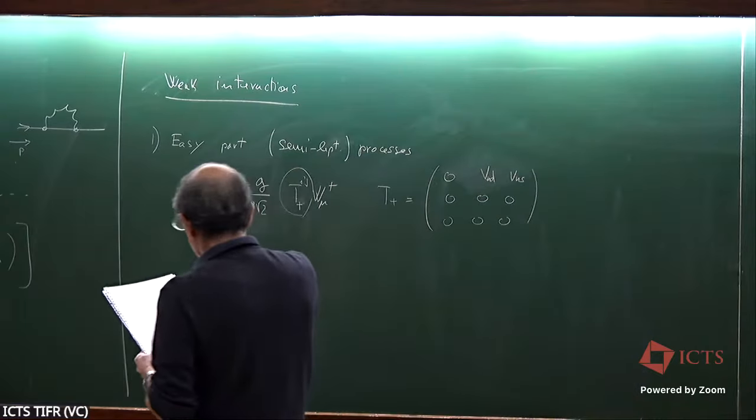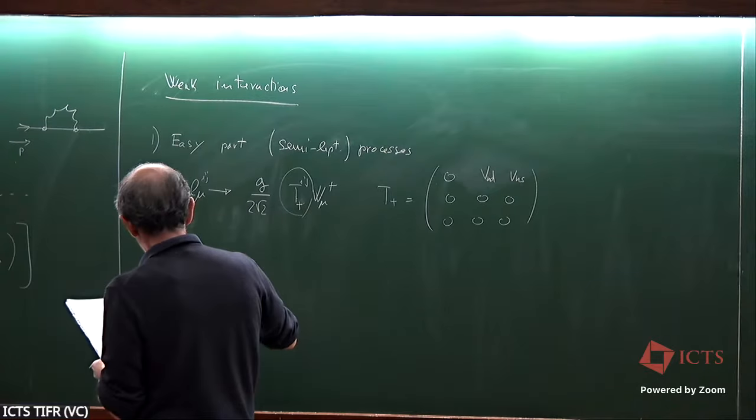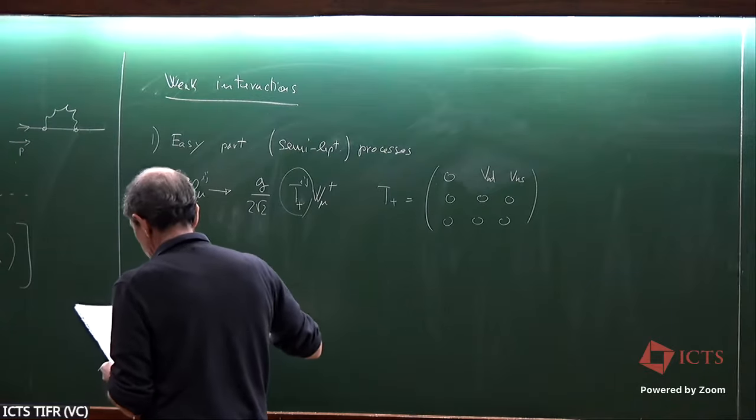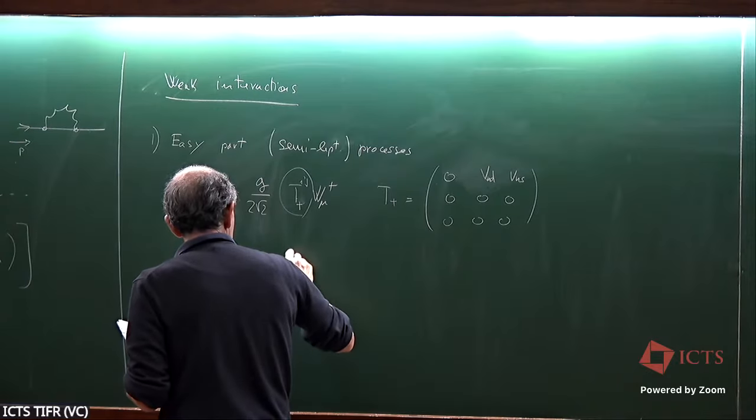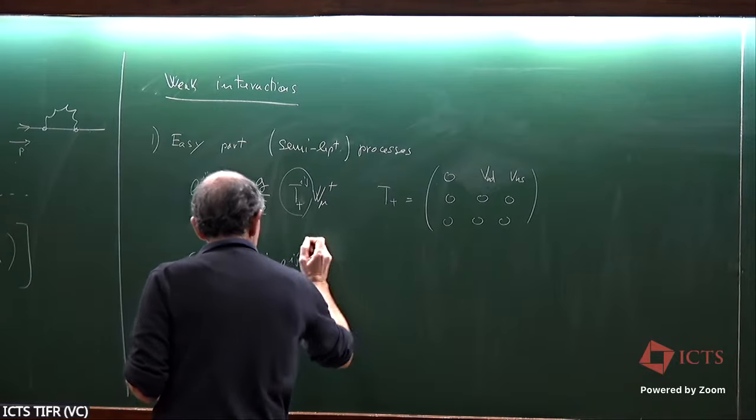And you understand this because at the quark level, my Lagrangian, the way we wrote it, was Q bar left, I, L mu, I J, Q left, with a gamma mu.